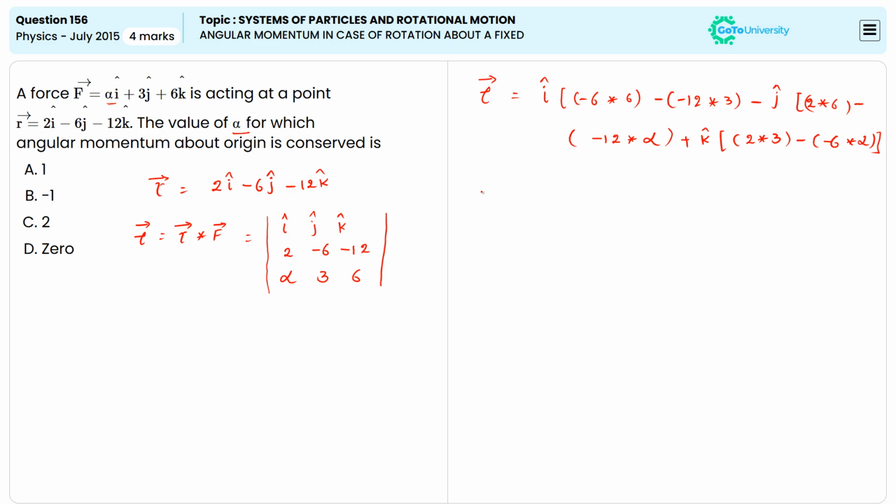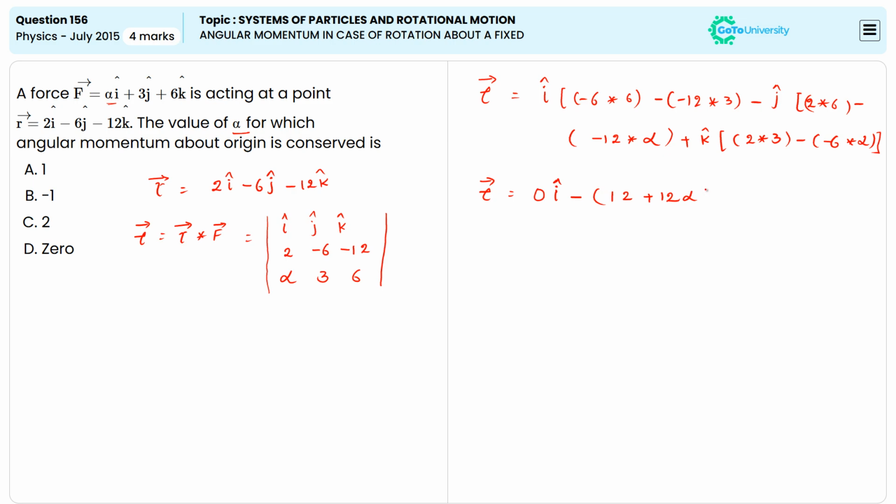Then the tau vector: minus 6 into 6 is minus 36, minus of minus 12 into 3 is plus 36, so minus 36 plus 36 is 0, that is 0 into i cap. Then minus of 2 into 6 is 12, minus minus 12 alpha, we can write it as 12 plus 12 alpha, because minus sign is here, minus sign is there, minus into minus becomes plus.